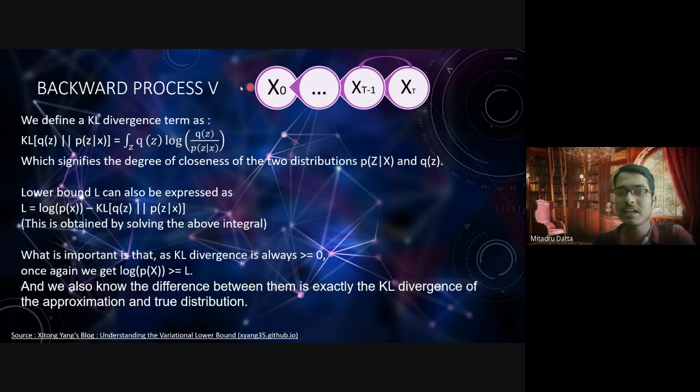If you take one single image, denoise it, noise it, and again denoise it, doing the forward and backward process, you would not get exactly the same image but something different. Maybe it will be more noisy. We cannot get the exact information. So how do we approximate that information? Using this KL divergence term.